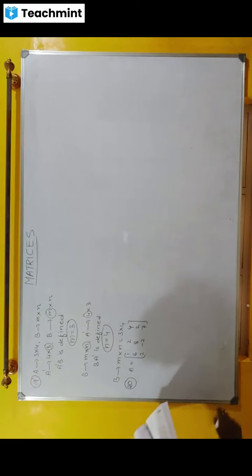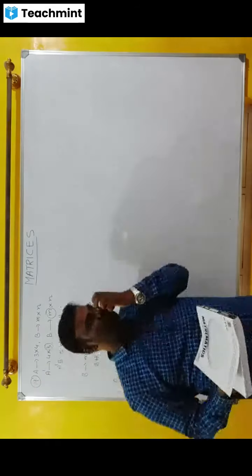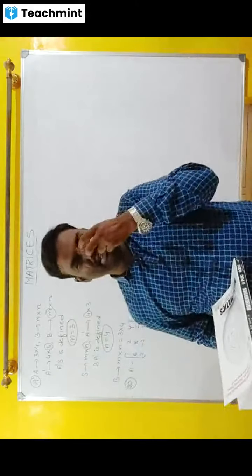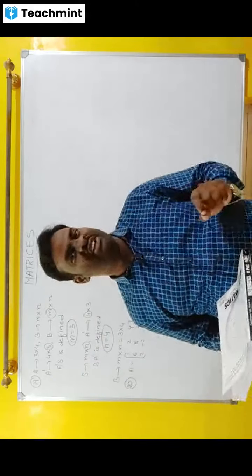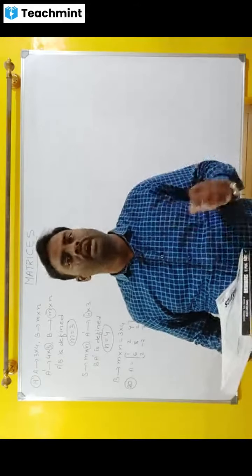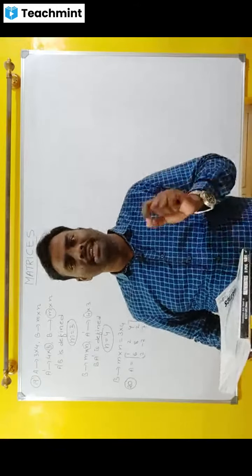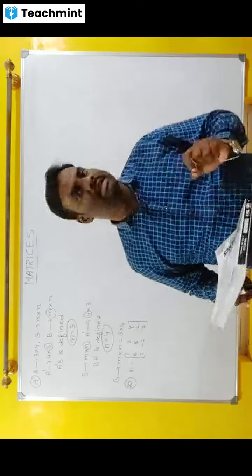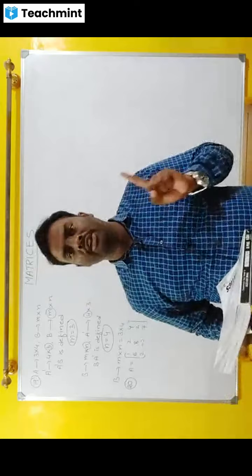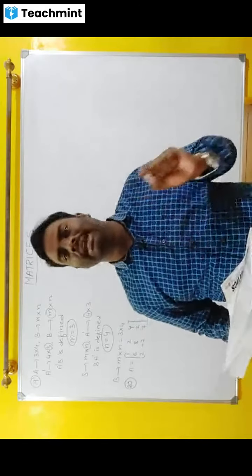This is the matrix A. We need to find the symmetric part. Already we discussed the symmetric part: half into A plus A dash. What is the skew symmetric part? Half into A minus A dash. In this question, they asked for the symmetric part.